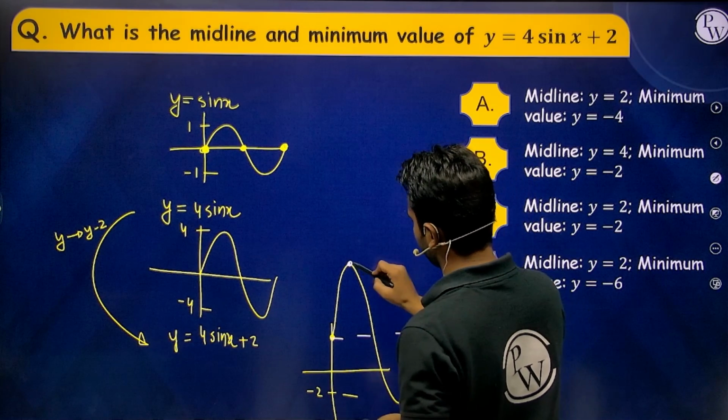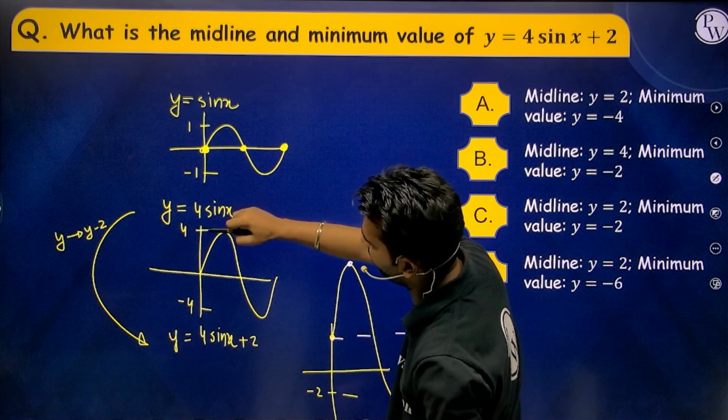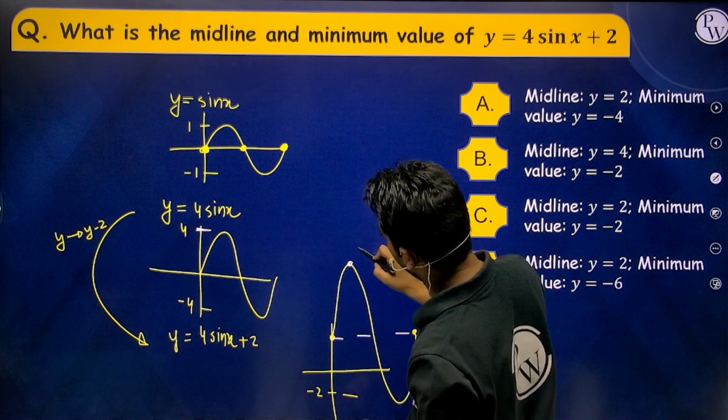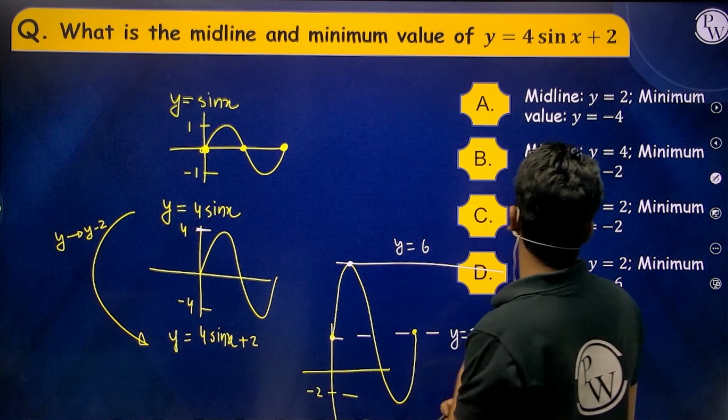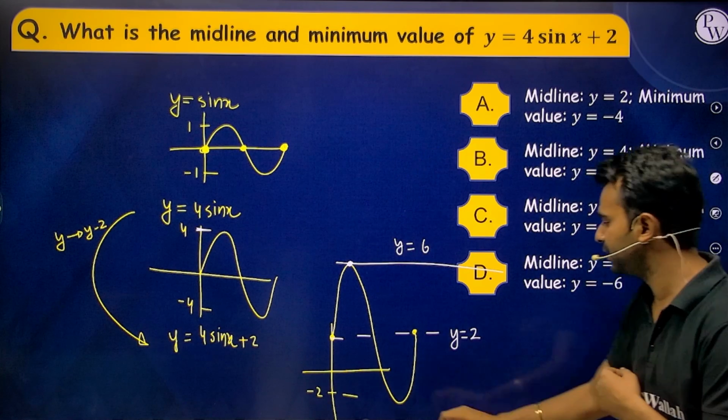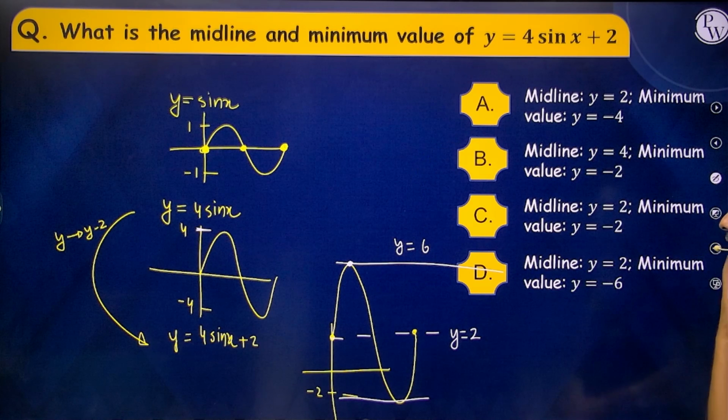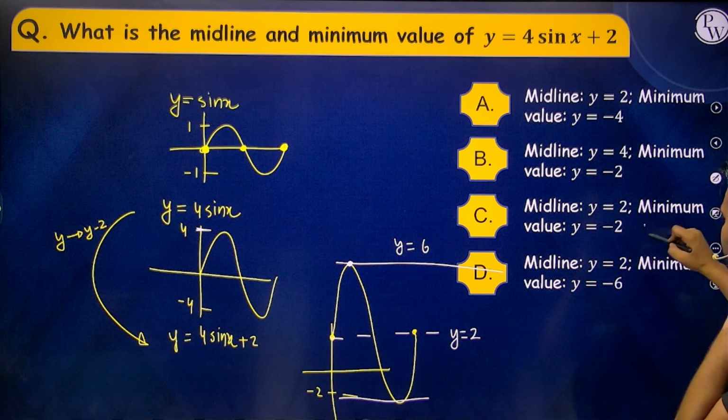And this point is 6, because earlier the maximum value was 4, and if you take it 2 units up, this will be the y equal to 6 line. So the maximum value will be 6, the minimum value will be minus 2, and the midline will be y equal to 2. So this is the answer.